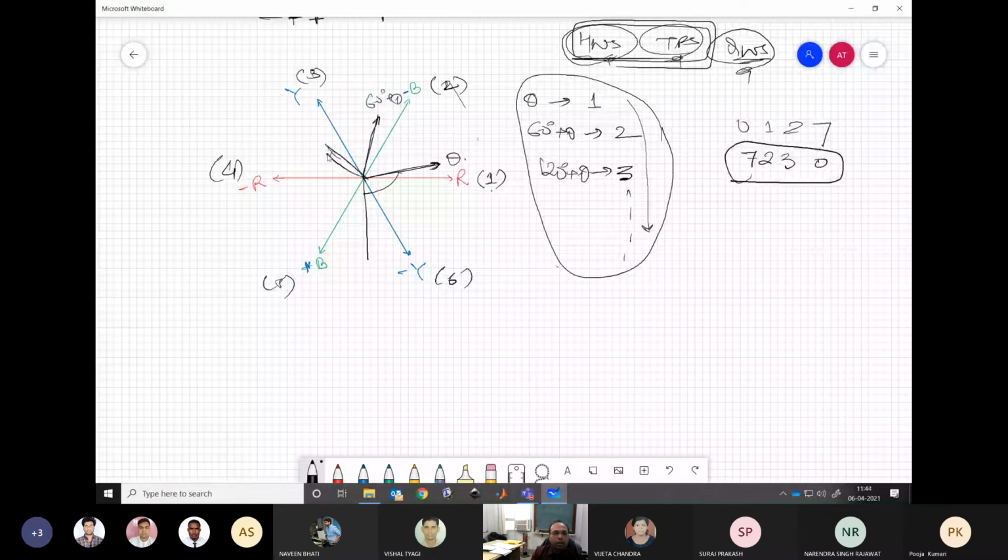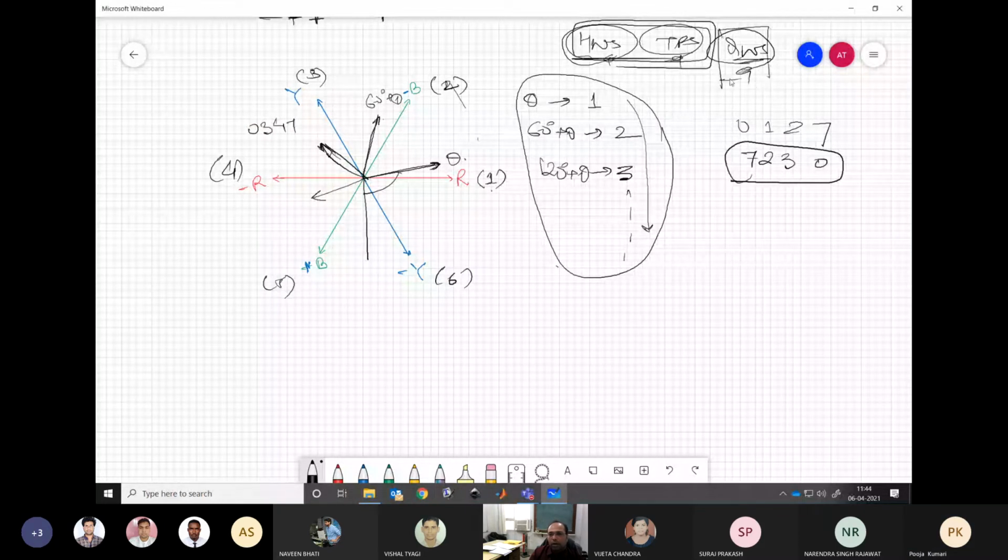Similarly, at 120° plus theta, this becomes automatically 3, 4 and then corresponding zero vectors, 0, 3, 4, 7, and similarly like this. Getting my point? Is this clear? Yes, sir.